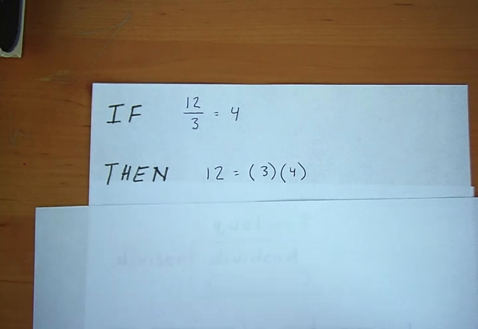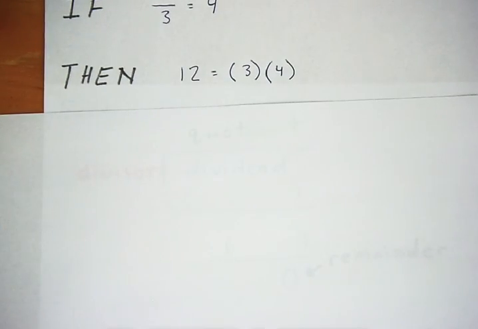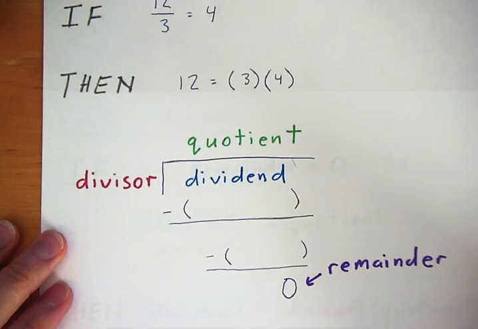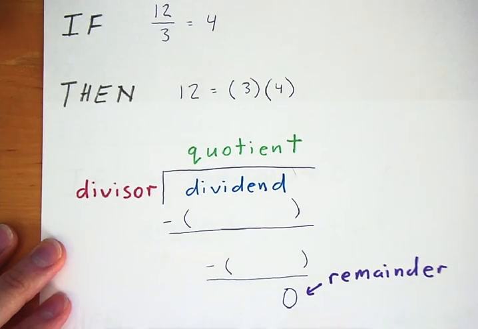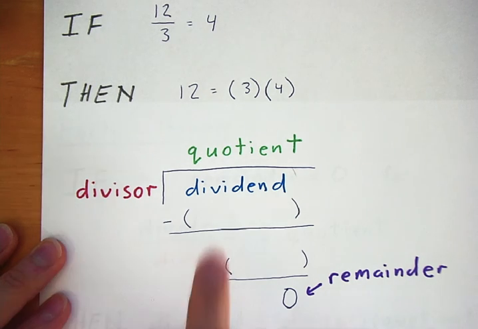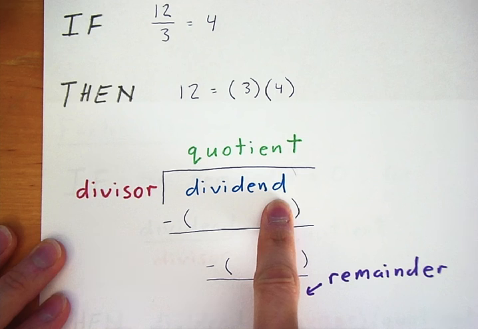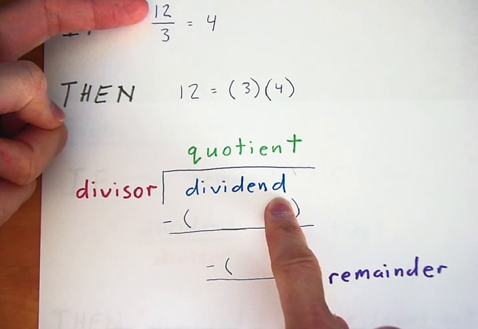So putting some vocabulary to this, when you're dividing with long division like this, the vocab word for the thing you put in here is called your dividend. So in this case, that 12 would be your dividend.